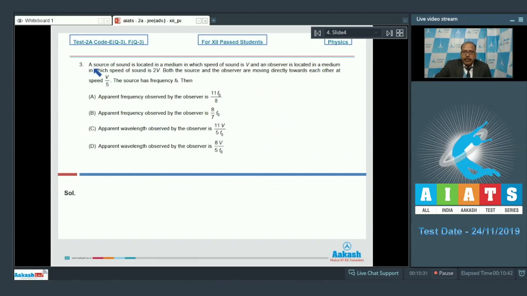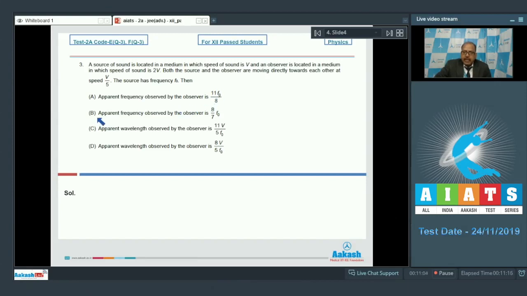Question 3 says, a source of sound is located in a medium in which speed of sound is v, and an observer is located in a medium in which speed of sound is 2v. Both the source and the observer are moving directly towards each other at a speed v by 5. The source has frequency f0. Then option A says apparent frequency observed by the observer is 11 f0 by 8.